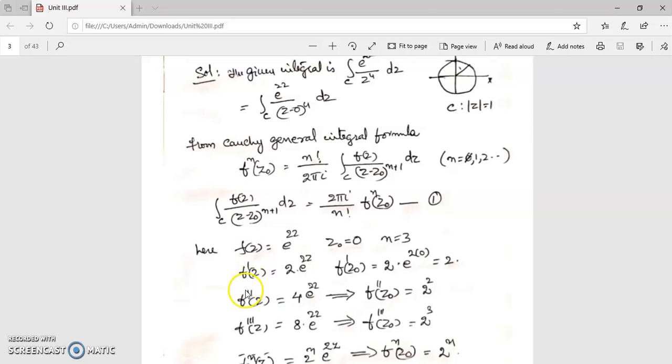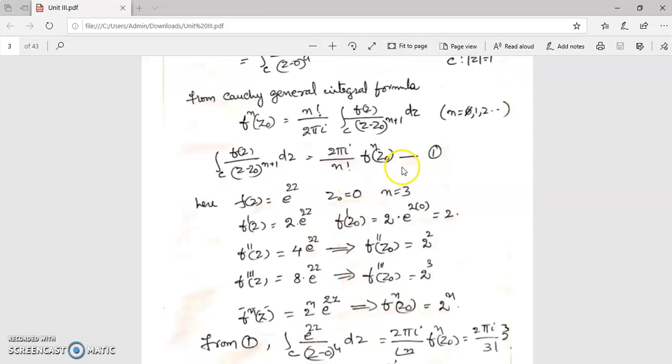Therefore, f dash z is equal to 2 into e power 2z. So, f double dash z is equal to 4 into e power 2z, and the third differentiation is equal to 8 into e power 2z. We have to find this at z is equal to z naught, that is 0.